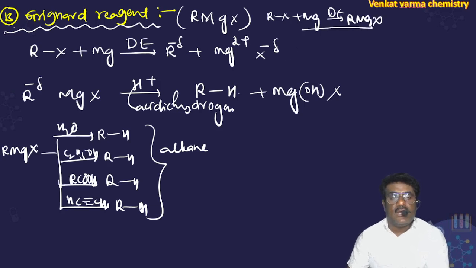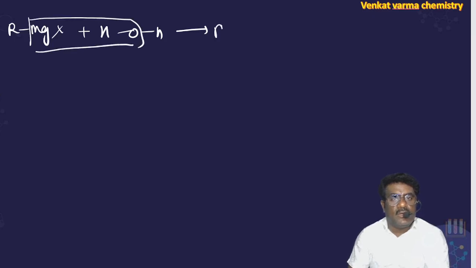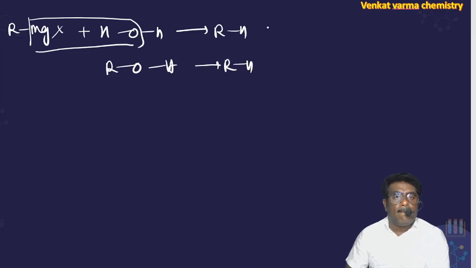This alkyl magnesium halide with acidic hydrogen gives an alkane. Now the next one, very simple: RMgX in presence of H2O, acidic hydrogen, gives RMgOH, and the remaining part is RH. Like alcohol, ROH, it gives alkane.